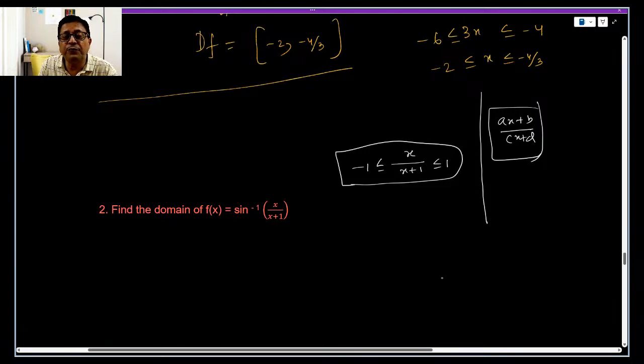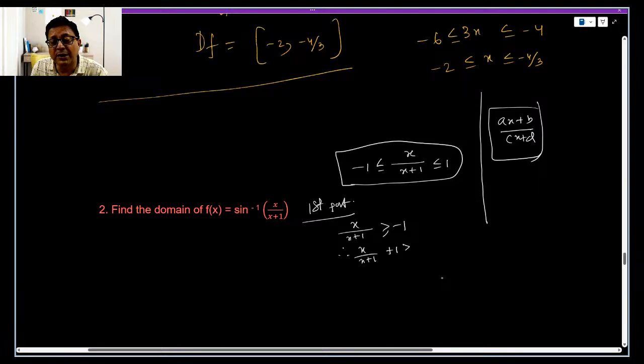So what we do first, we take the first part. First part is what? x by x plus 1 greater than or equal to minus 1, so x by x plus 1 plus 1 greater than or equal to 0. So 2x plus 1 by x plus 1 greater than or equal to 0. Am I correct?